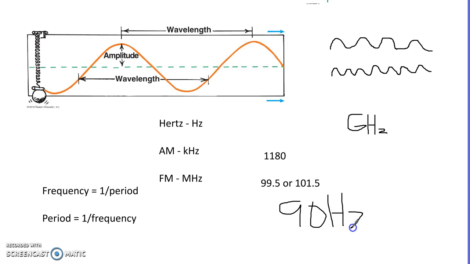Now the period, meaning how long does that take, would be 1 over 90, which is going to be about 0.01 something seconds. Okay, it can be a very small amount of time. So the bigger the frequency, the smaller the period. The lower the frequency, the bigger the period. Okay, they're going to be inverse of each other.